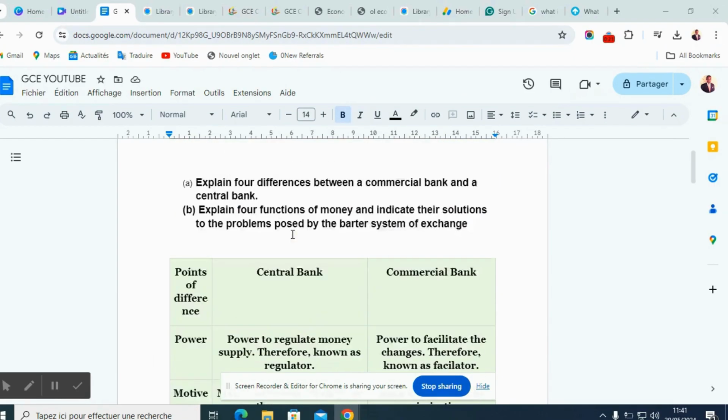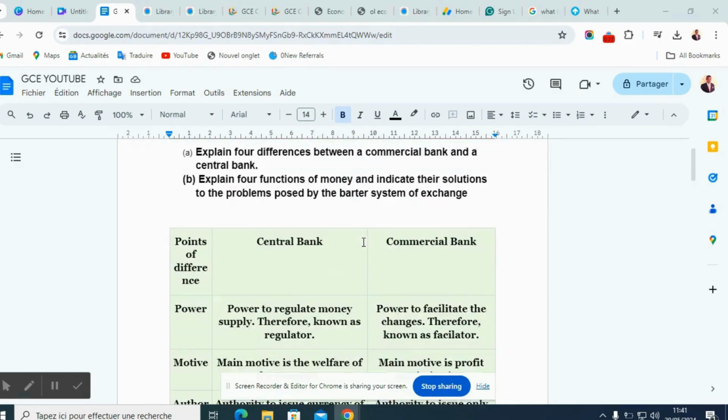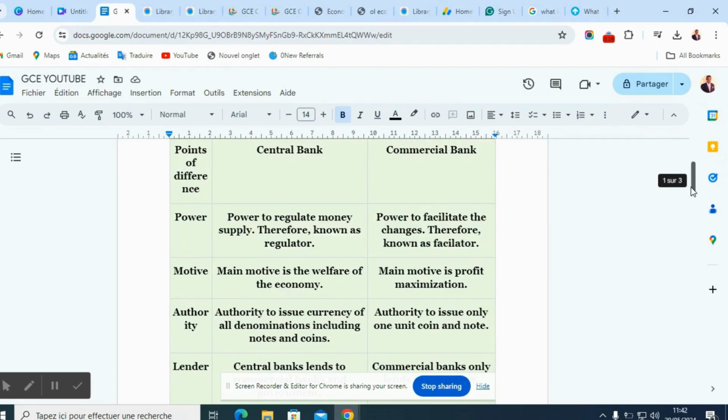Power: the central bank has the power to regulate money supply, therefore it is known as the regulator, while the commercial bank has the power to facilitate exchanges, therefore it is known as the facilitator. Motive: the main motive of the central bank is the welfare of the economy, while the main motive of the commercial bank is profit maximization. So the central bank wants to stabilize the economy, and the commercial banks are there for profit.